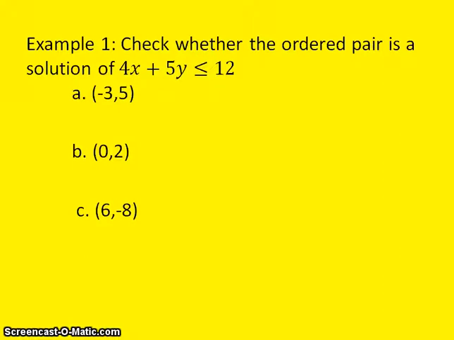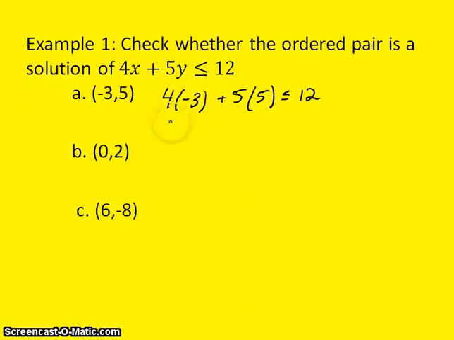So, let's first start by checking whether an ordered pair, now not anymore just an x, is a solution to this linear inequality. So what I'm going to do is plug in x where I see an x, so negative 3 is my x value, plus 5 times y, which is 5, less than or equal to 12.